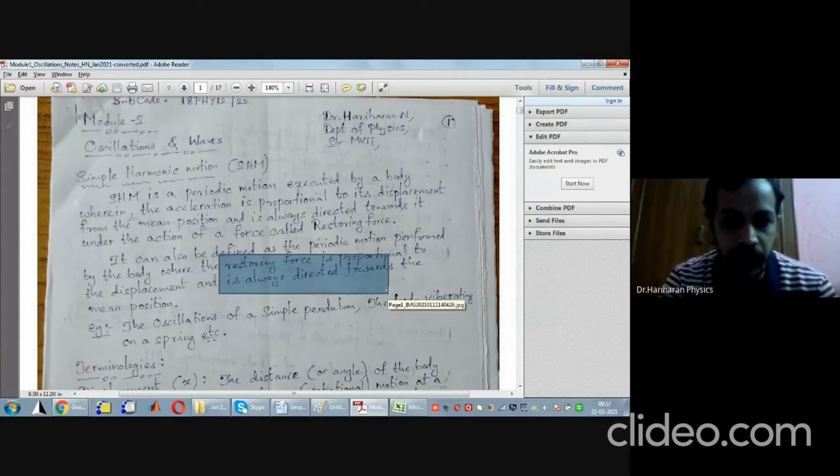Because force is equal to mass times acceleration, or acceleration is force by mass. So therefore, by Newton's second law, you can describe a system either in terms of how it accelerates or how the force acts. So both acceleration and force are connected with each other.